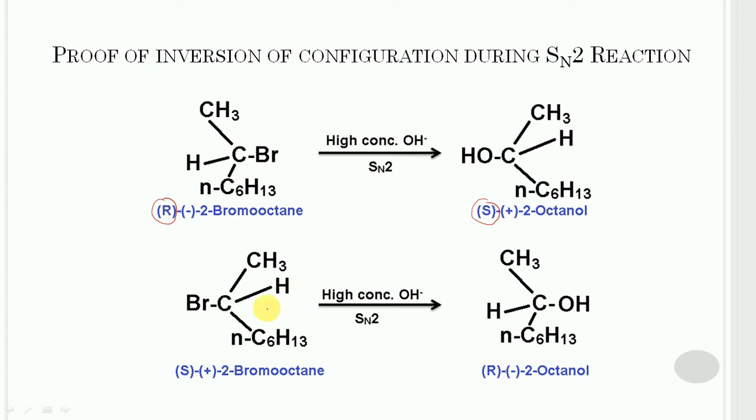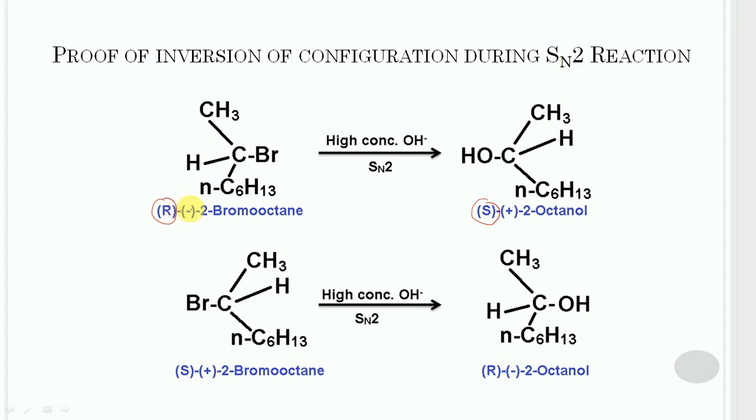Since we know that plus 2-octanol has opposite configuration, that is S, as compared to that of minus 2-bromo-octane, which has R configuration.